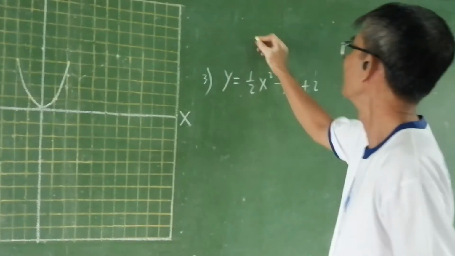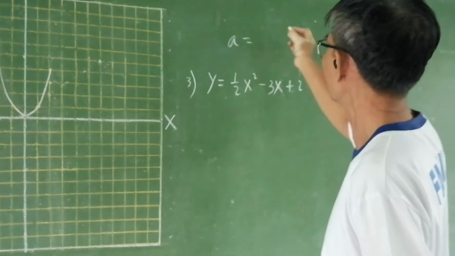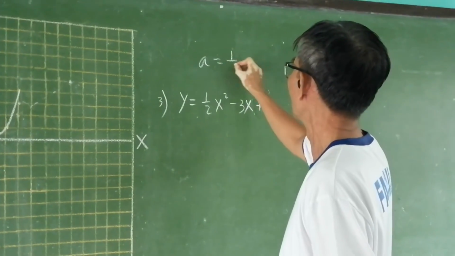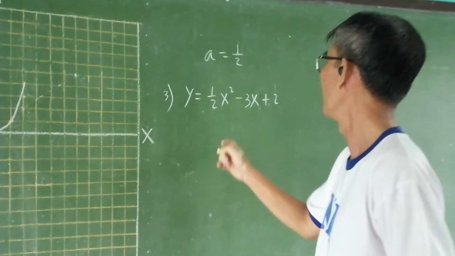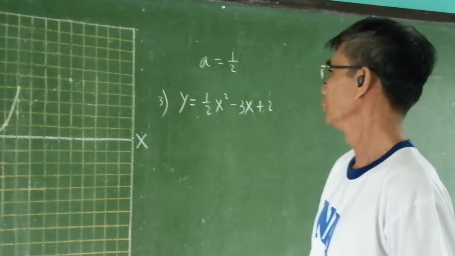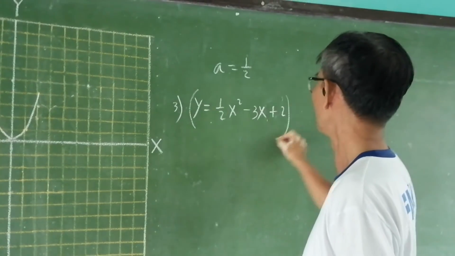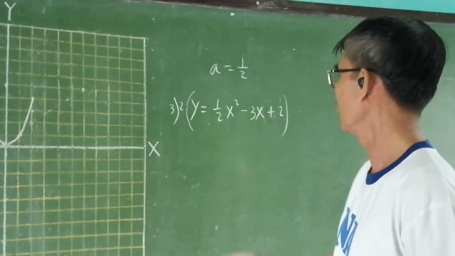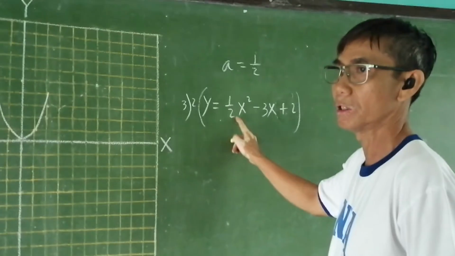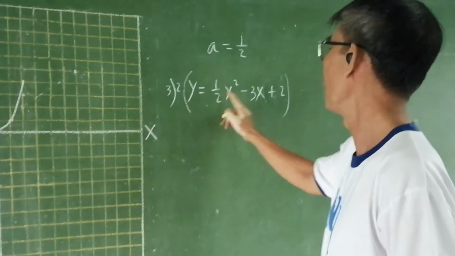Okay, so last example. Now this time, your a is less than 1, which is a fraction, 1/2. What you are going to do here is to multiply this by 2. Your purpose again is to make x squared have a coefficient of 1.